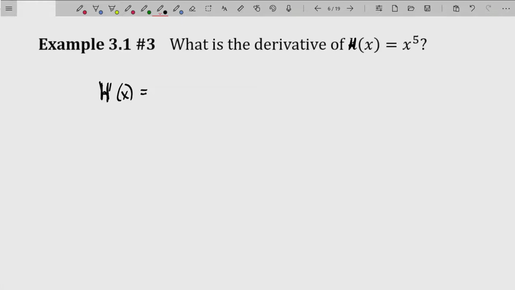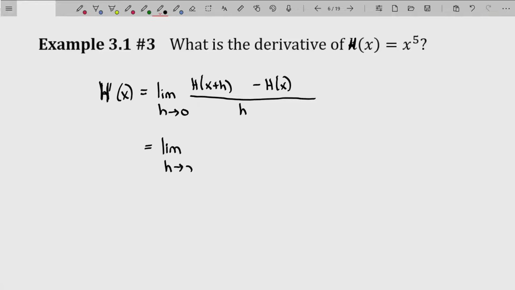So let's say capital H prime of x is equal to the limit as little h goes to 0 of, let me write it this way, capital H evaluated at little x plus little h minus capital H evaluated at x, all over little h. And of course, plugging that stuff into the function that we were handed, we get something gnarly: x plus h to the fifth minus x to the fifth, all over h.